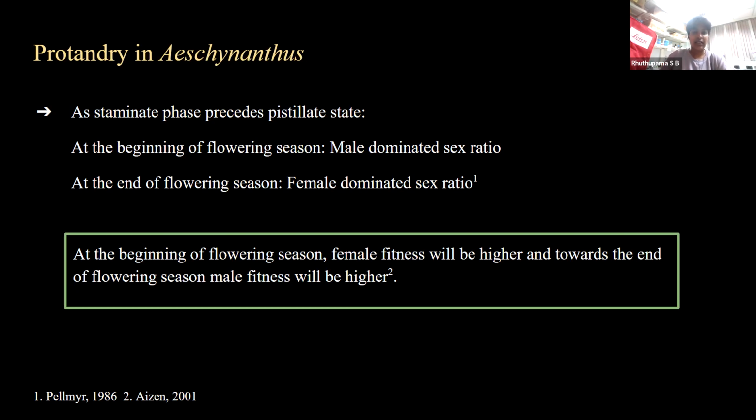This observation led to the hypothesis that at the beginning of the flowering season, since there are more male flowers compared to female flowers, the female flowers are kind of in a sea of pollen. So all of the female flowers are receiving pollen, and the female fitness will be higher during the beginning of the flowering season.